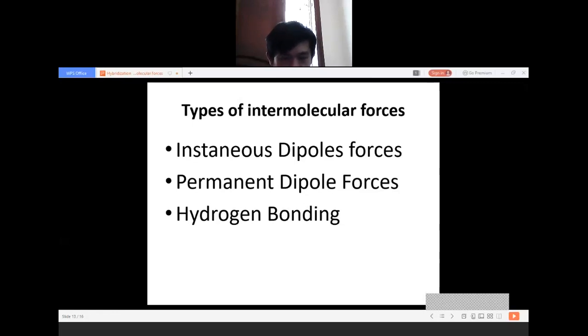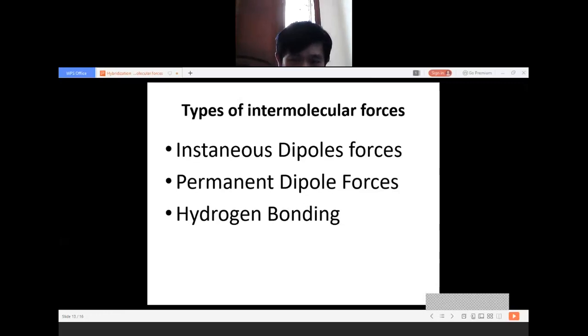Although both of them are considered to be nonpolar, there is an instantaneous dipole that makes them able to combine. But this combination, if we take a longer period of time, the dipole can be broken, and then they go back to their original state.